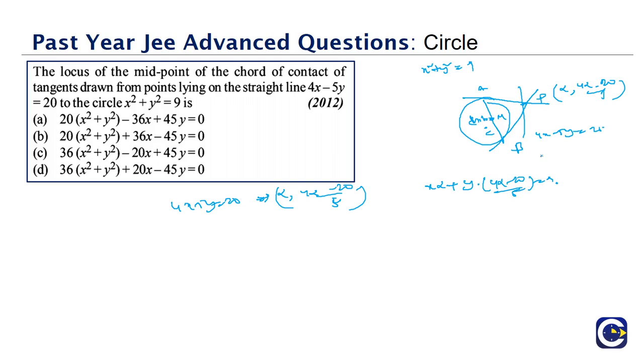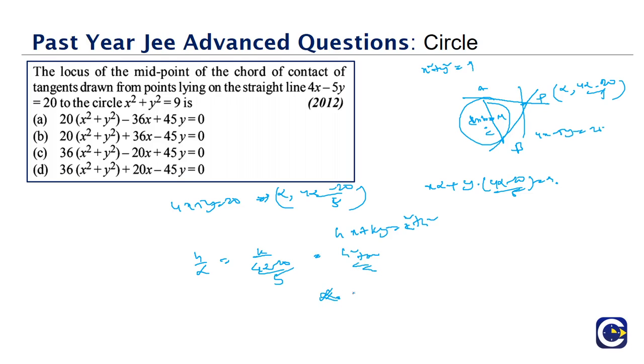Also the equation of the chord AB whose midpoint is (h, k) is nothing but hx + ky = h² + k². So these two lines represent the same line, so this can be written as h/alpha = k/((4 alpha - 20)/5) = (h² + k²)/9. If you simplify this, what you get?